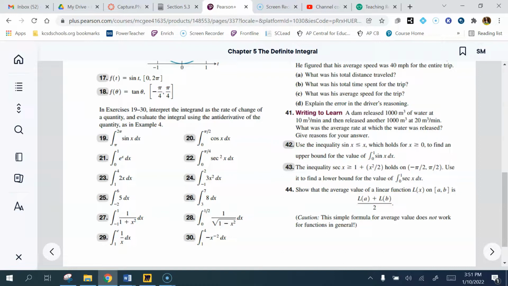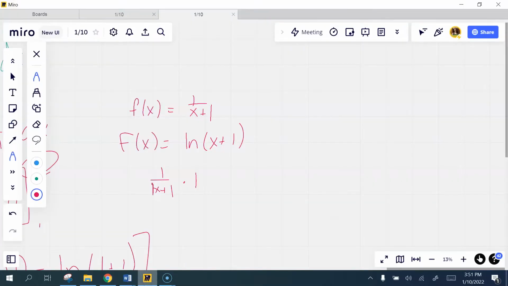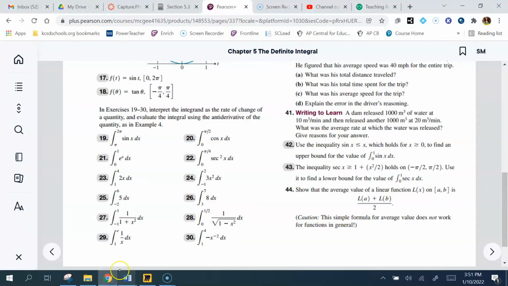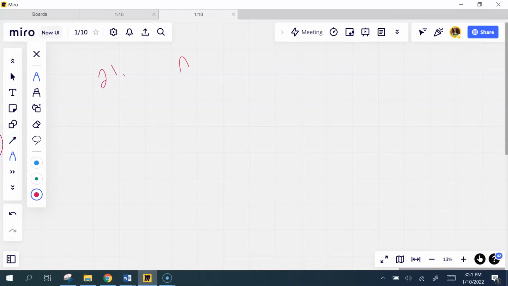Let's just do an easy one. Let's do number 21. And again, remember, some of these you might have to look up on your sheet to see what they look like. All right, this one is from 0 to 1, e to the x dx.